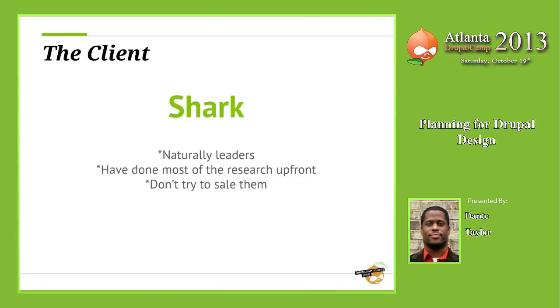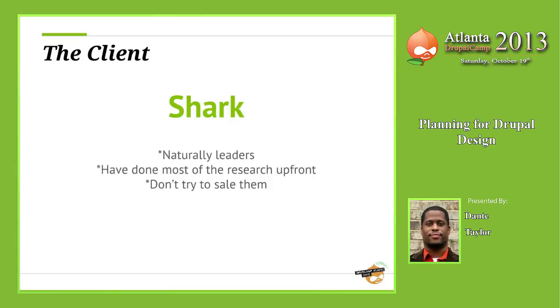They have done most of the research up front. So the only reason you're even there is because you have some insider information that they couldn't find online or otherwise get to. You don't really want to sell these people. You give them information, and they're going to make a decision, up or down, right or left. Don't try to force them or pressure sell them, anything like that.